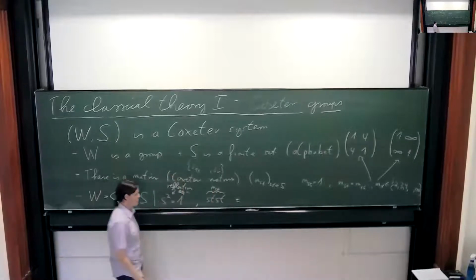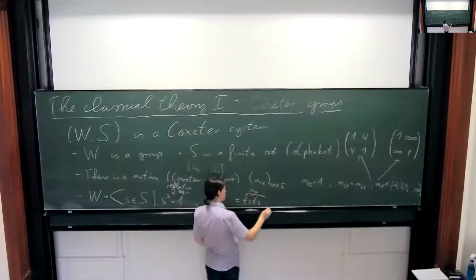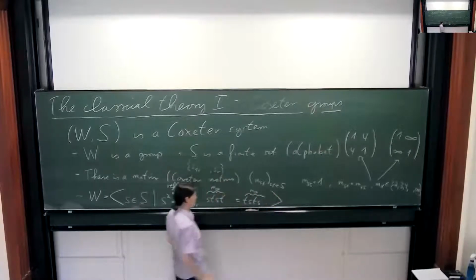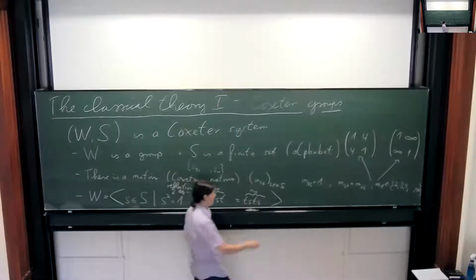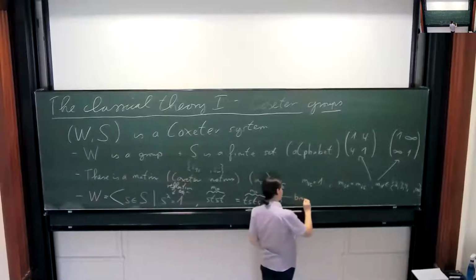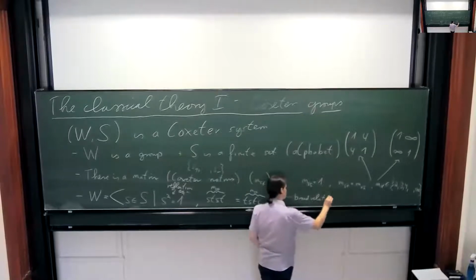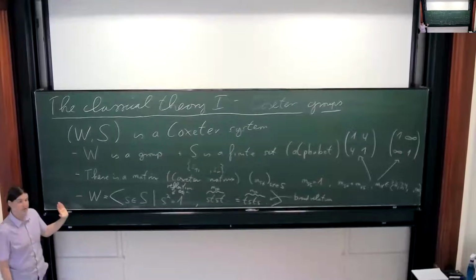It's the same as reading it the other way around, t s t s and so on. And that's it. This guy is called the braid relation, for a reason we will see in a second. And that's it. That's the definition of a Coxeter group.